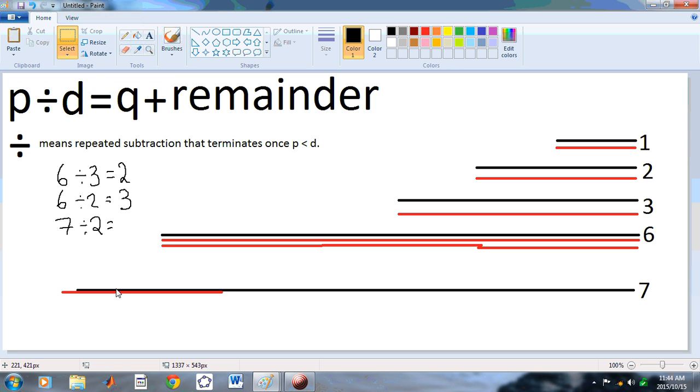So how many 2's do we have there? 1, 2, and 3. And you can see that we're not going to be able to fit another 2 in there. But this part here is exactly equal to the unit. So we know that over here we're going to have 3, but there is a remainder, and the remainder happens to be the unit.